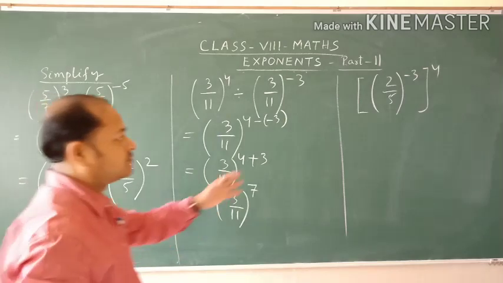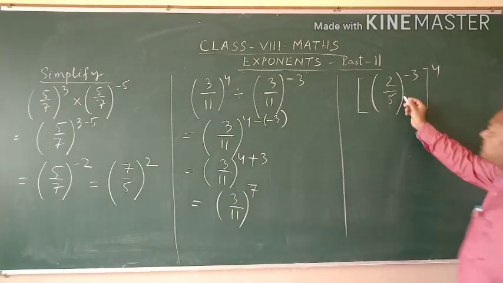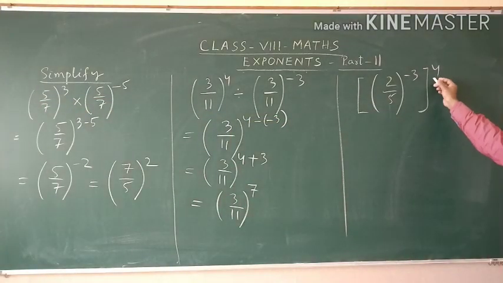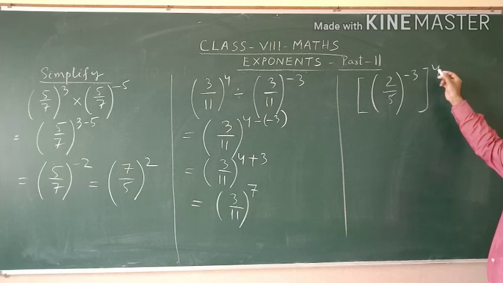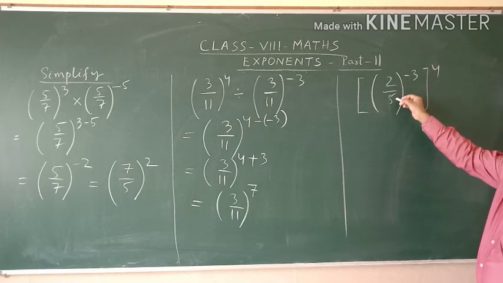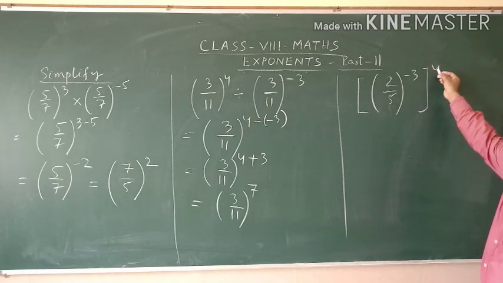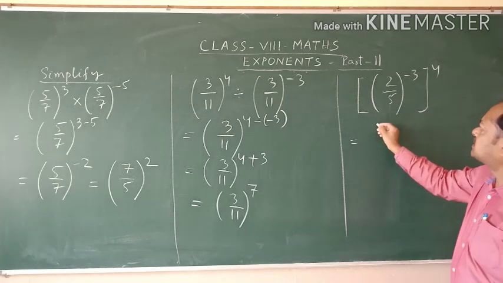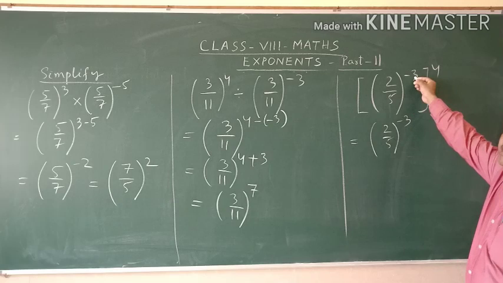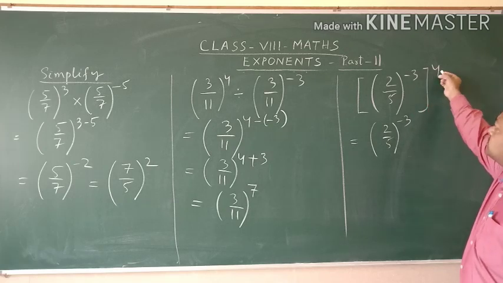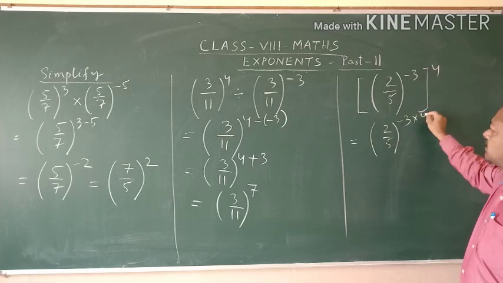Now come to the last question: ((2/5)^-3)^4. Here we see that it is the condition of exponent of exponent. That means the powers will be multiplied according to the law. So write the base here, 2 upon 5, and the exponent is minus 3 and 4, which will be multiplied.